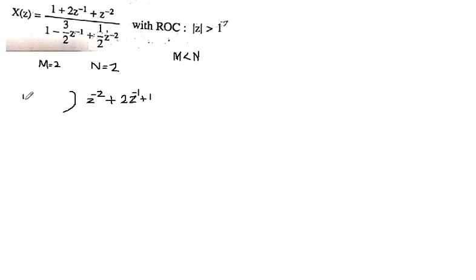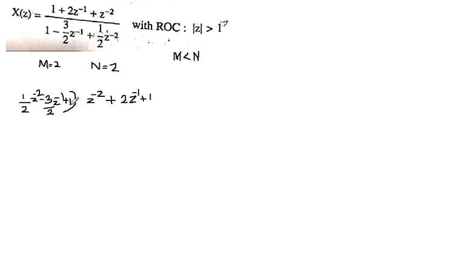So we write it in this fashion. It is 1 by 2 z raised to minus 2, this term, minus 3 by 2 z raised to minus 1 plus 1.